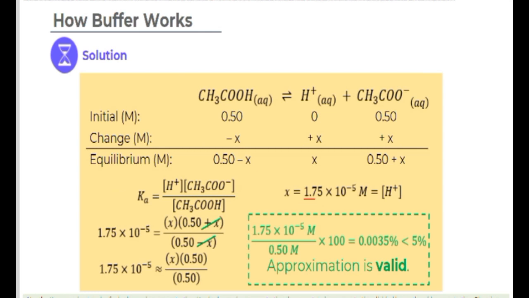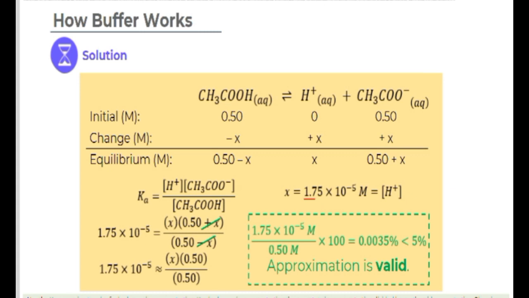Use the Ka expression to solve for hydrogen ion concentration. Ka is equal to hydrogen ion concentration times acetate ion concentration divided by acetic acid concentration.